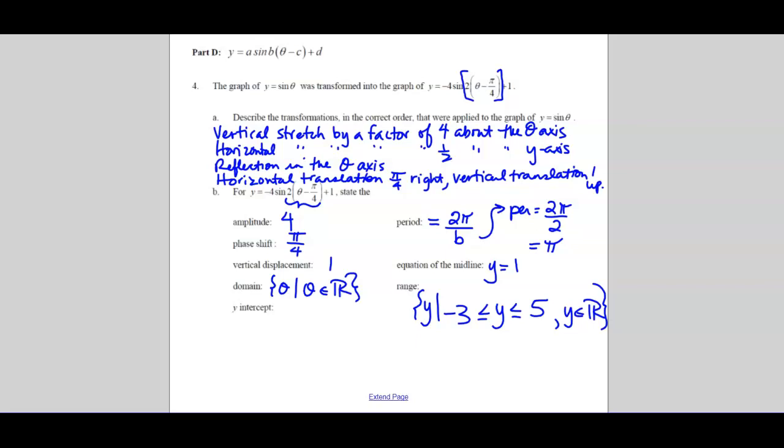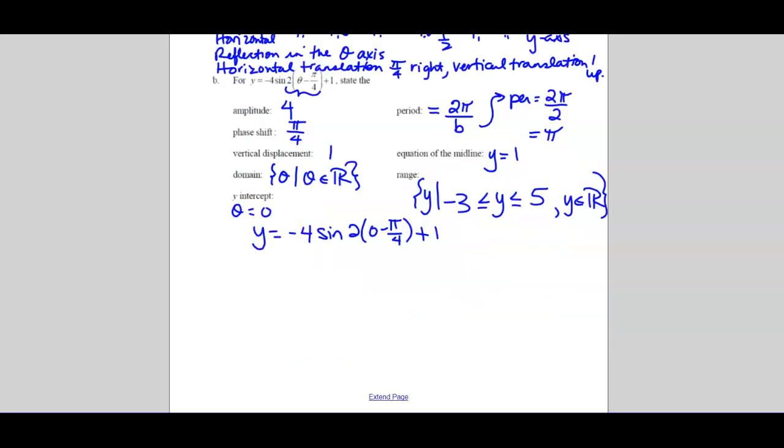Y-intercept is when theta is 0. So y equals negative 4 sine of 2 times 0 minus pi over 4, plus 1. So what does this simplify to? That's going to be negative pi over 4 times 2, which is negative pi over 2. Okay, that's a special angle.